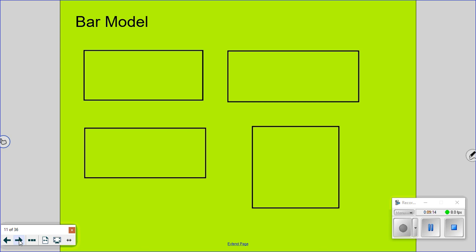We're going to model 8ths, and we're going to look at a couple of different ways to show 8ths. One of the easiest ways to show 8ths is just like how we normally bar model, which is why it's my favorite, because you could do it forever. I would take a rectangle. If you haven't drawn a rectangle, draw one.